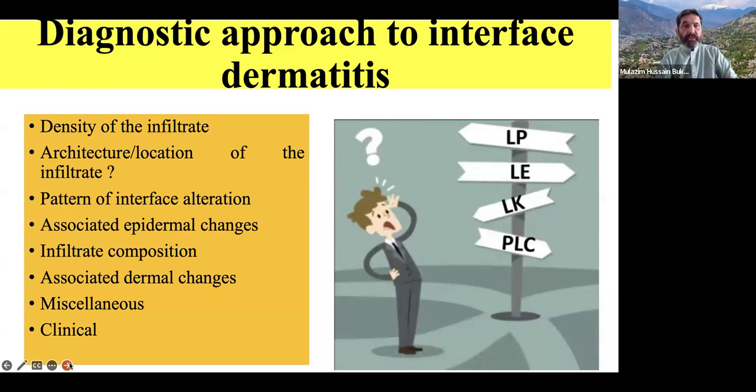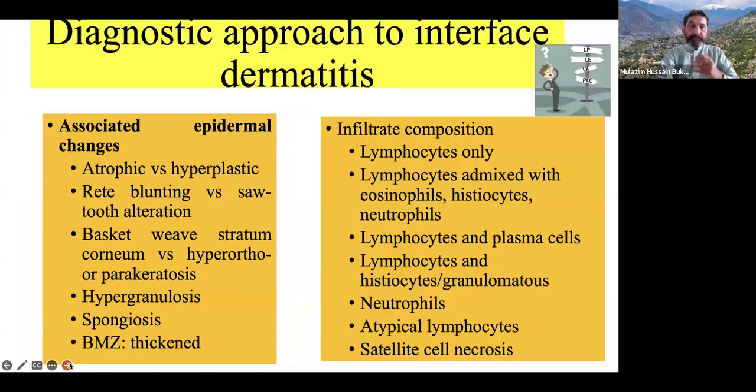So you have to look at associated epidermal changes and the infiltrate, which type, whether eosinophils are present or not, because some interface dermatitis is excluded when eosinophils are present. Suppose you are thinking of EM and eosinophils are present, then it is not EM. So these are associated dermal changes and miscellaneous findings, but the clinical picture is very important.